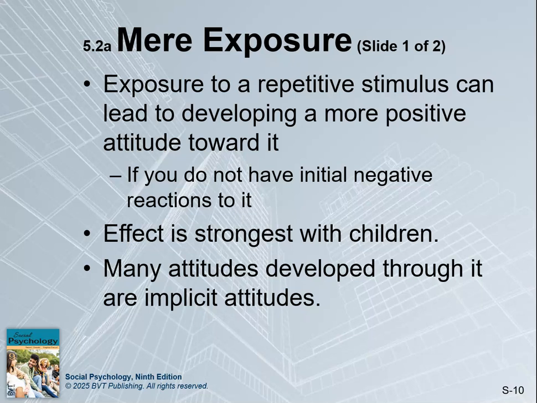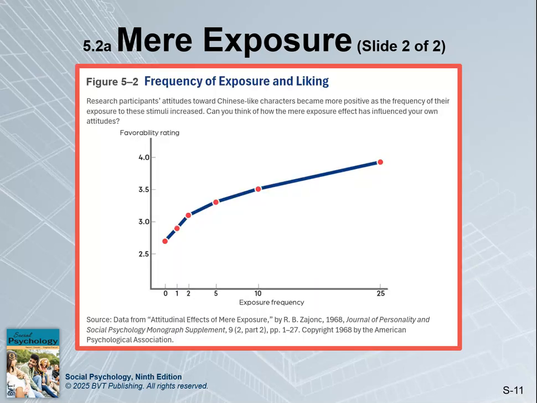The effect is strongest with children, and many attitudes are developed through it, and those are called implicit attitudes. On this slide, we are showing a graph about the frequency of exposure and liking. It shows that the more we are exposed to something, the more we gradually begin to like it.